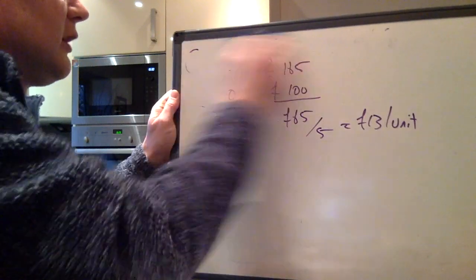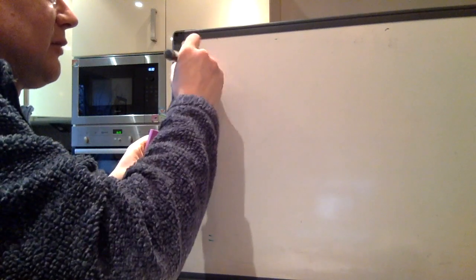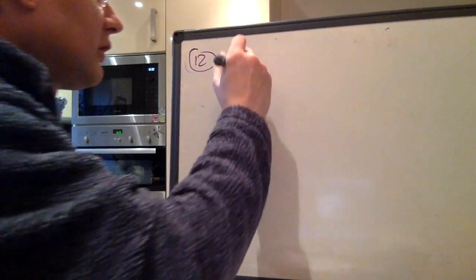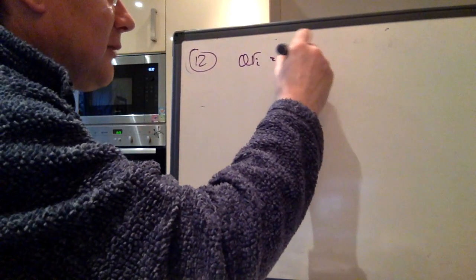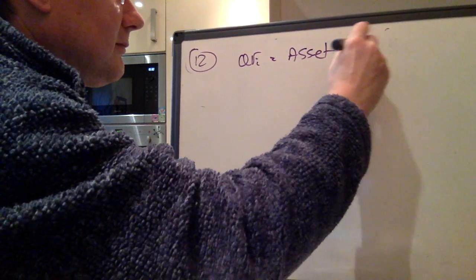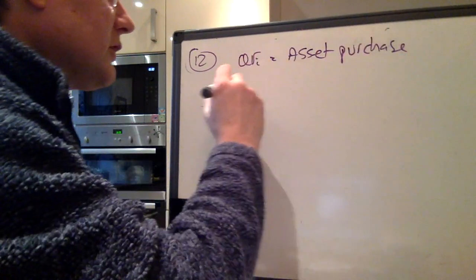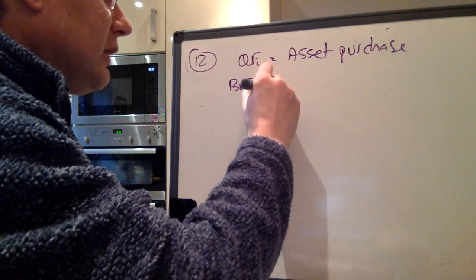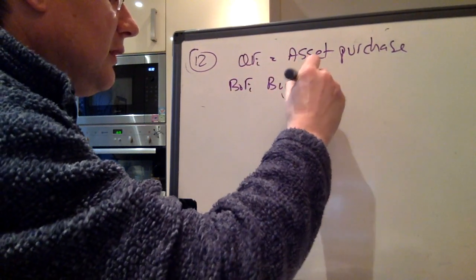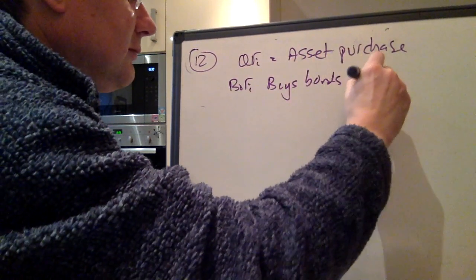Question 12 is QE. If you know how QE works, then you get it right. Otherwise you're toast. QE is an asset purchase scheme. The Bank of England buys bonds from financial markets.